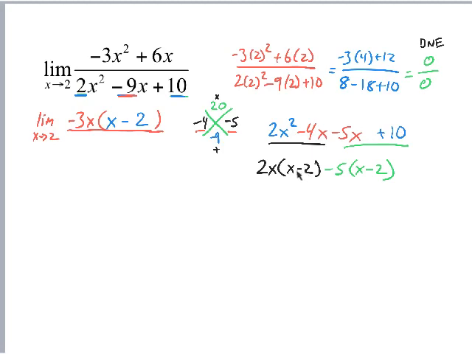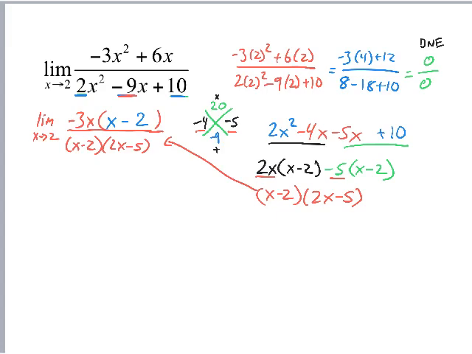Do you see how they both have an x minus 2? I can pull that out now, because both parts have an x minus 2, leaving those behind. I have 2x minus 5. So all that said is I can now take this and write it right there. X minus 2, 2x minus 5.